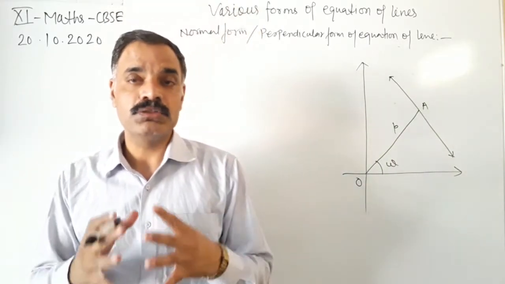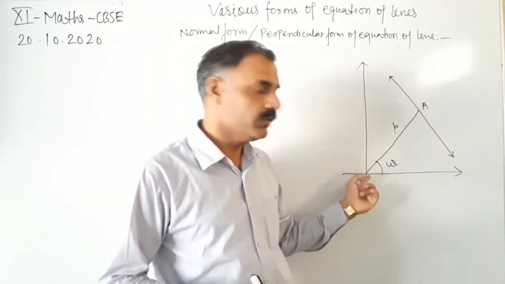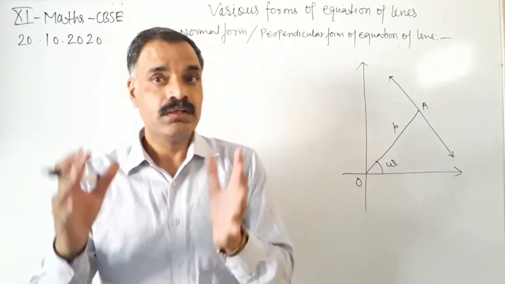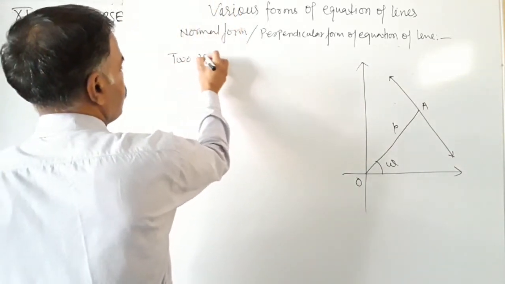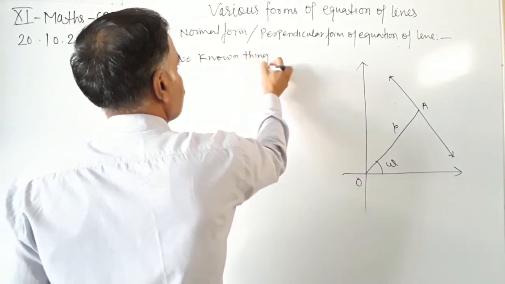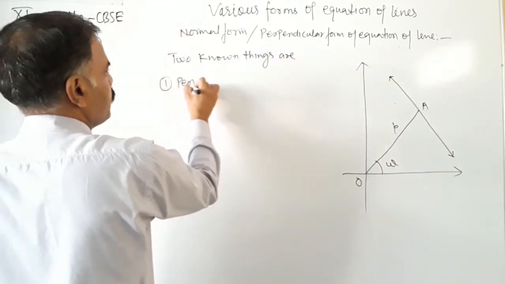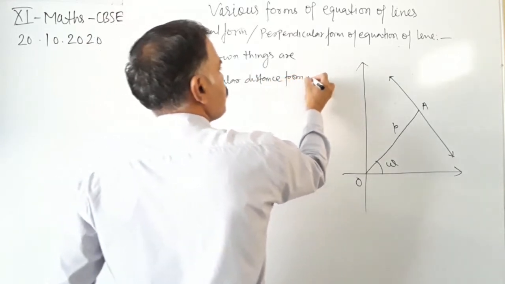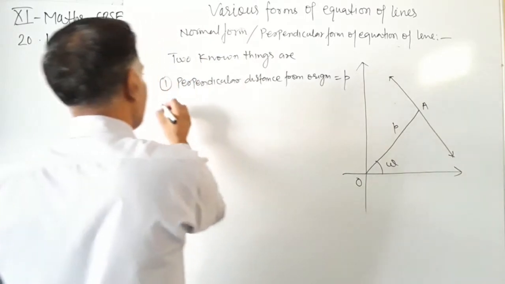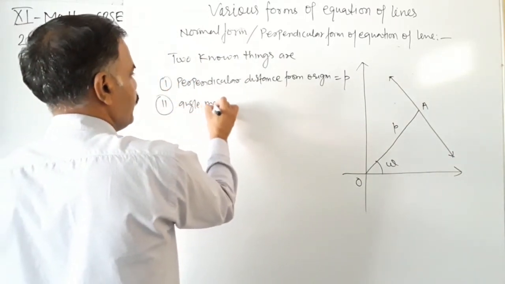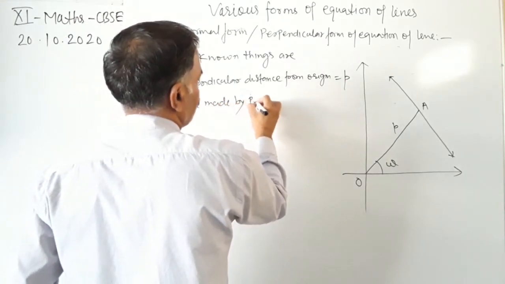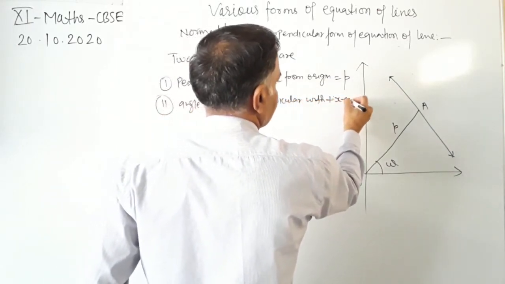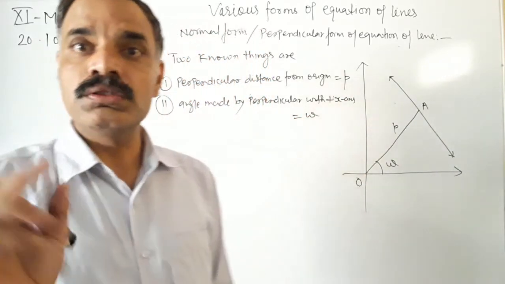Okay, so only two things are given to us: the perpendicular distance of the line from the origin, which equals P, and the angle made by this perpendicular with the positive x-axis, which equals omega.